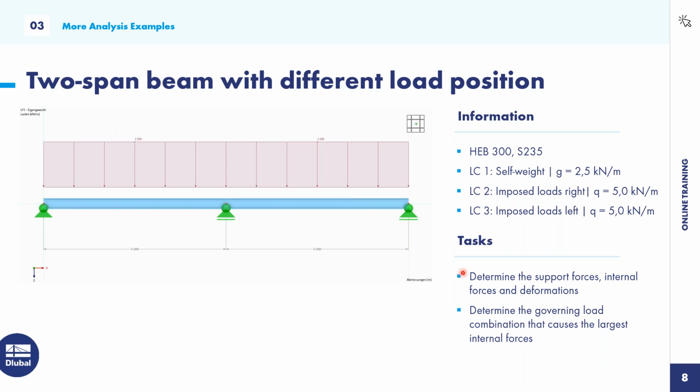And I would like to combine them in order to determine, first of all, the results, like support forces, internal forces, and so on, but also the governing load combination or the leading load combination that causes the largest internal forces, because we will have here also 2 additional load cases, like the imposed loads, at first for the left side of the beam and then for the right side of the beam. Okay, let's go back to RFEM 6.